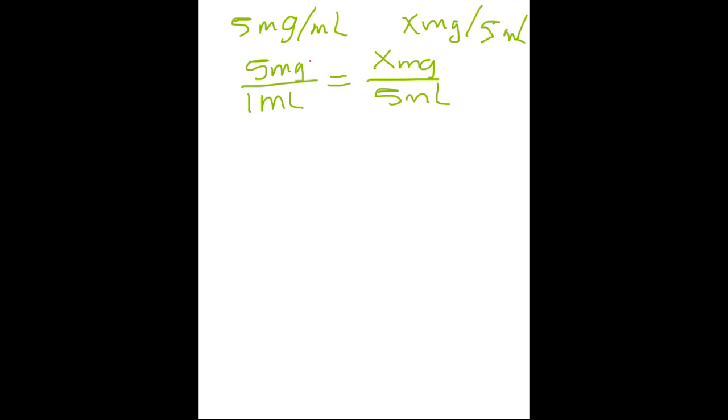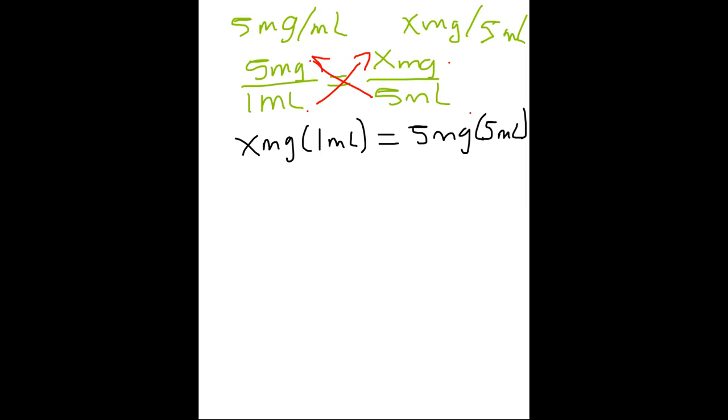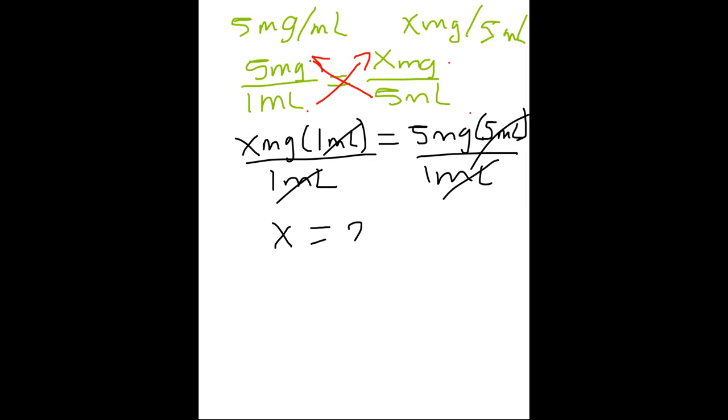Milligrams are on top, mLs are on the bottom. Cross multiply. X milligrams times 1 ml is equal to 5 milligrams times 5 mLs. We divide by mLs because we want to cancel, so we're left with milligrams. X is equal to 5 times 5, which is 25 milligrams. So there are 25 milligrams in 5 milliliters.